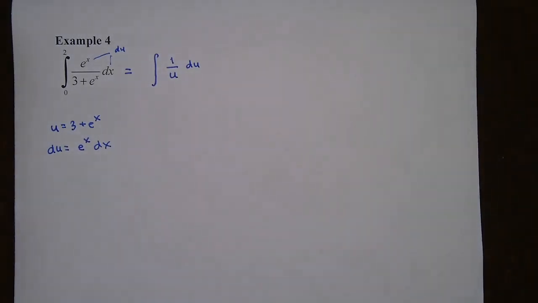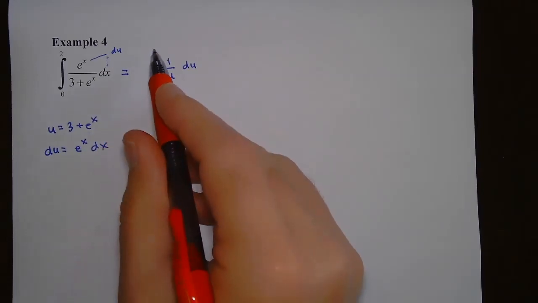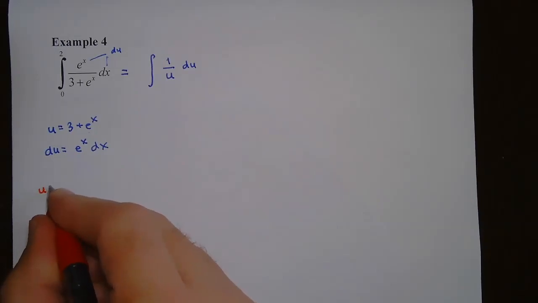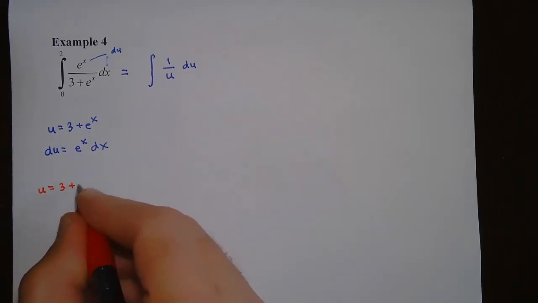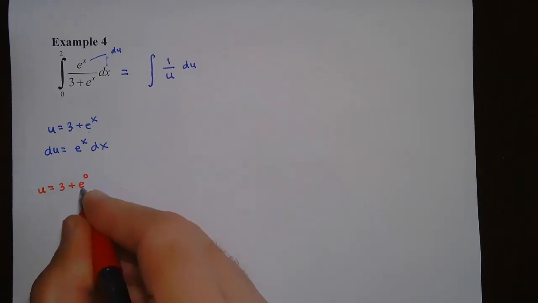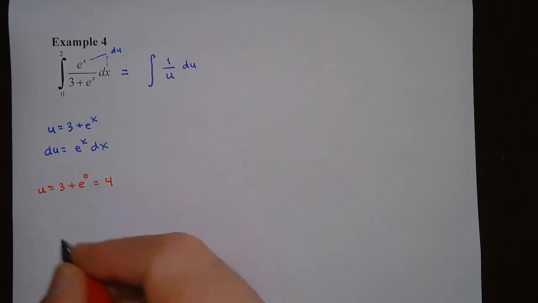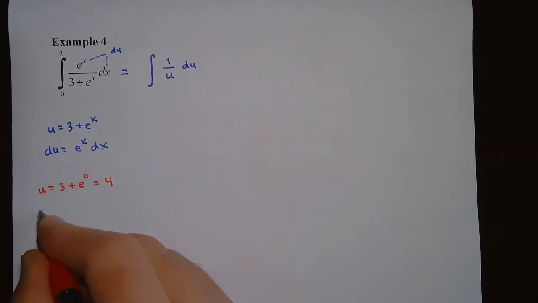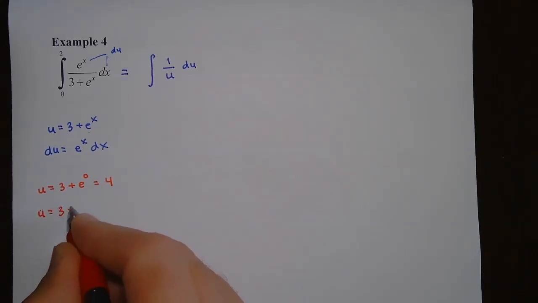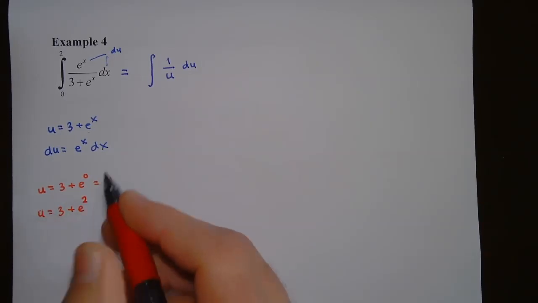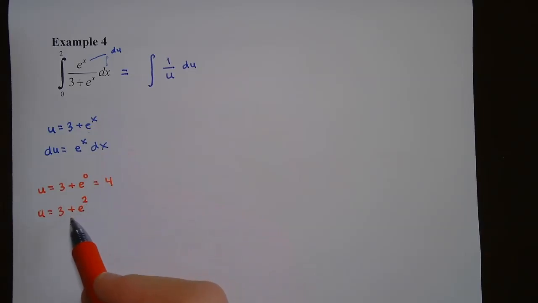So what's our lower limit and our new upper limit in terms of u? Our lower limit would be u equals 3 plus e to the 0, and e to the 0 is 1, so this would be 3 plus 1, which is 4. And then our upper limit is 2, so we put 2 in here for x, so 3 plus e squared.